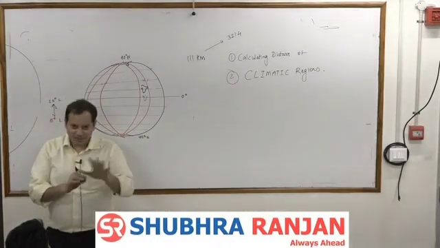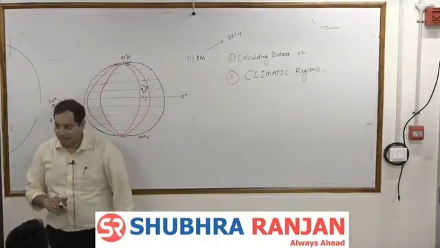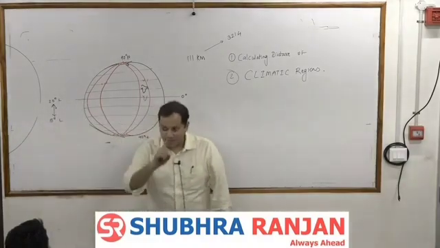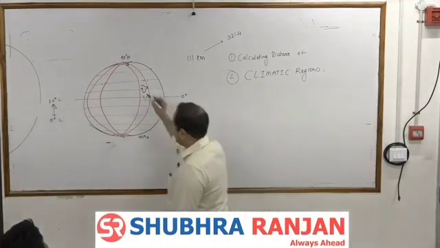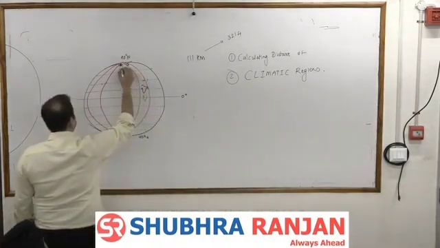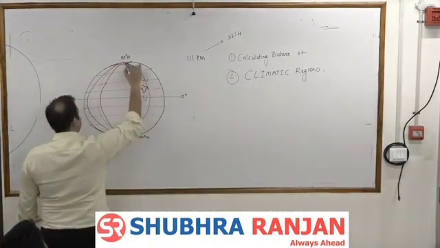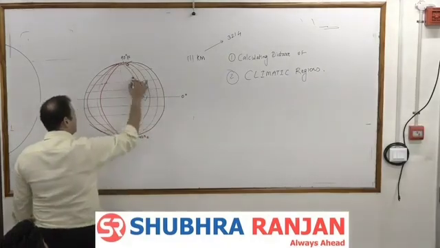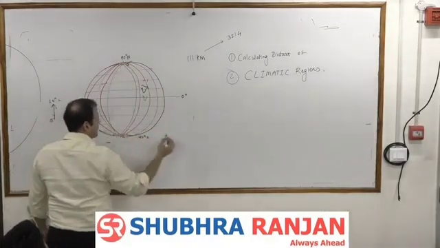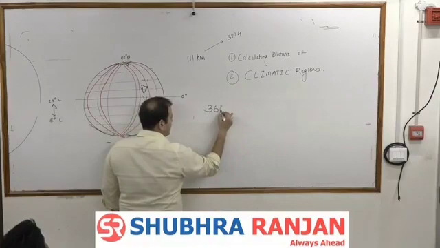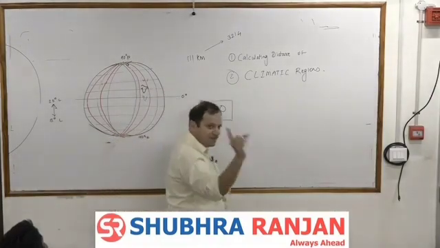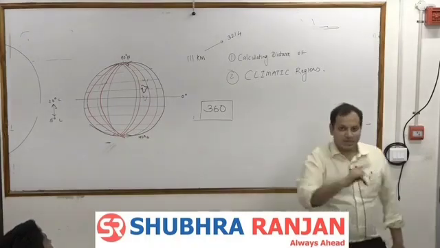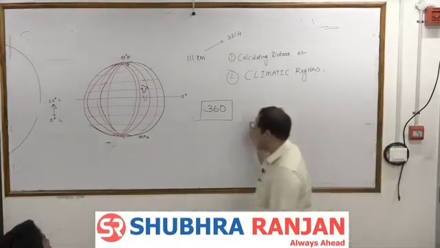Not just location, it will take time. Because the earth is rotating from west to east. So the earth can be divided into how many longitudes? How many longitudes can you divide a circle into? 360. So the calculation: how much time does it take for Earth to complete one rotation? 24 hours.